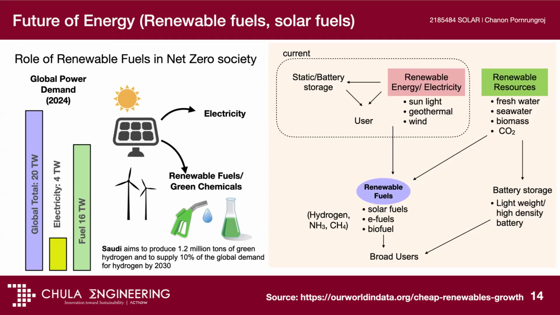Right now, in 2024, out of that, electricity is only 20%, 4 terawatts. But the rest we need in the form of fuels, the liquid fuels. That's for the chemical industry, where you don't need electricity, you need resources, you need fuels to run your reaction.